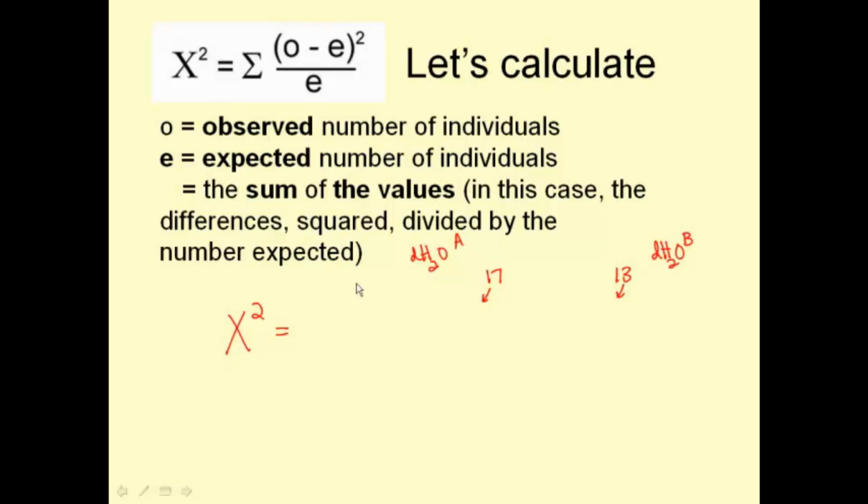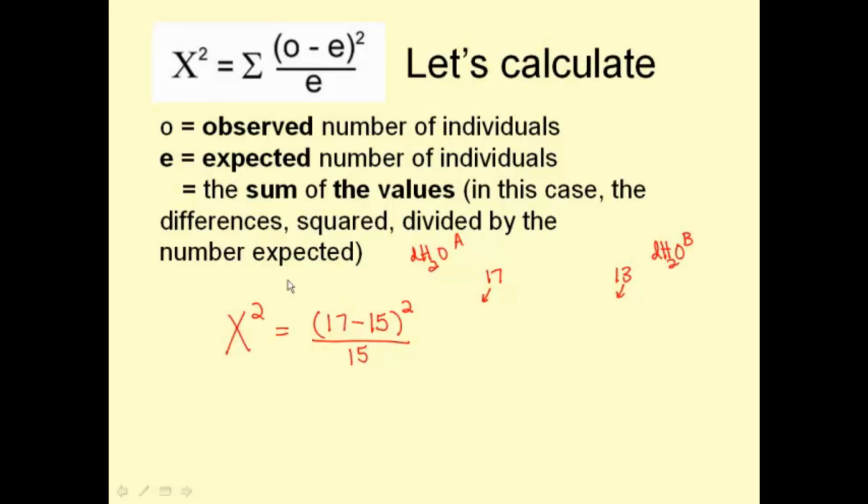So we're going to add up what we saw on side A. We observed 17, but our null hypothesis said that we predicted we'd have only 15. And we square that number and we divide by what we expected or predicted, which is 15.